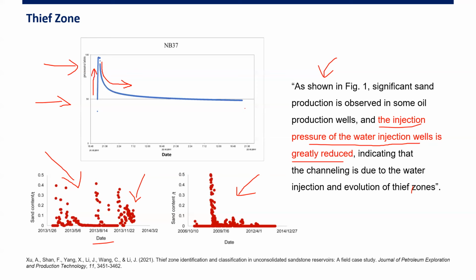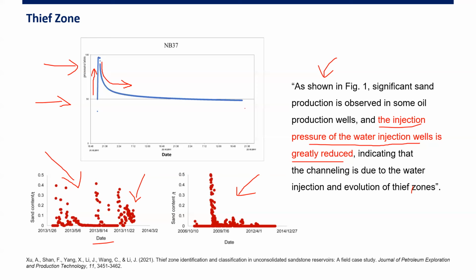Okay, so you have two evidences here which are very connected, and thus I just call them one evidence. You have sand production in the producers. At the same time, you have reduced injection pressure in your injector, especially if they are adjacent to each other, if they are close between your producers and your injectors.